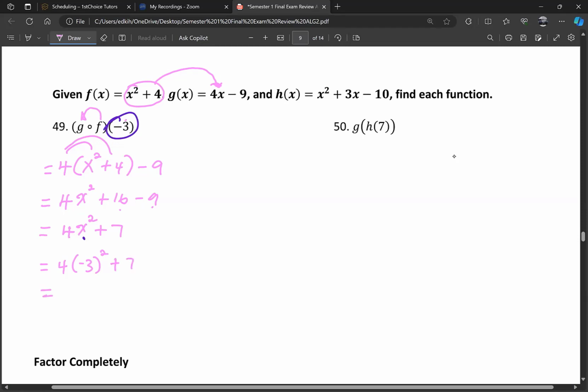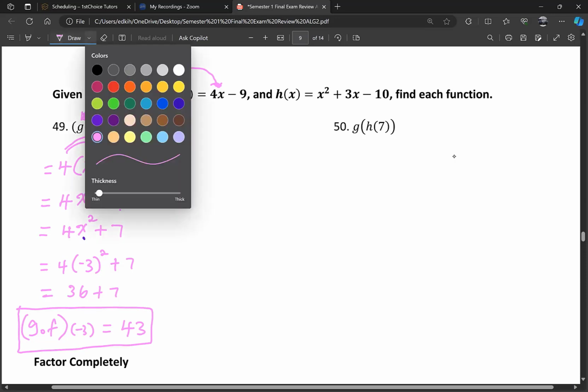You can use your calculator for this. 4 times 9 is 36 plus 7. This becomes 43. But to write the answer in the correct syntax, I'm going to say g of f of negative 3 equals 43. I'm thinking you're okay if you just write 43, but I'm just being extra cautious here.